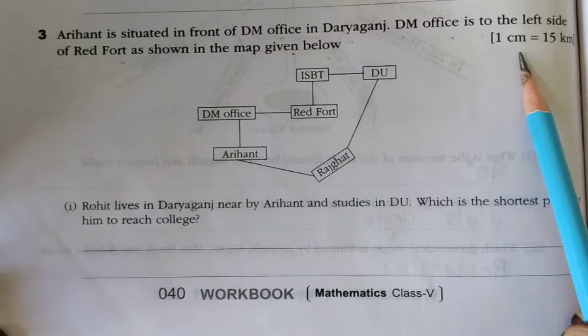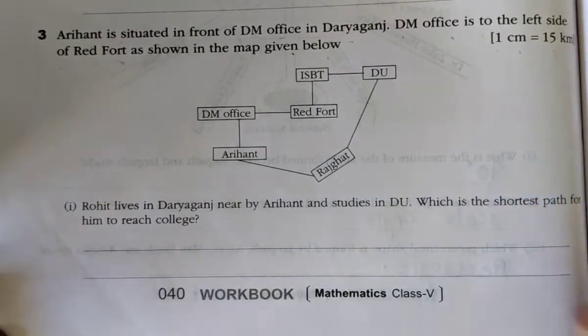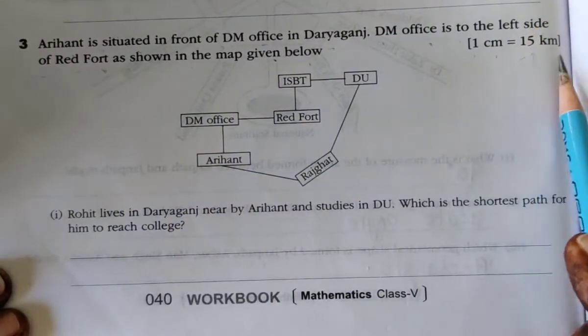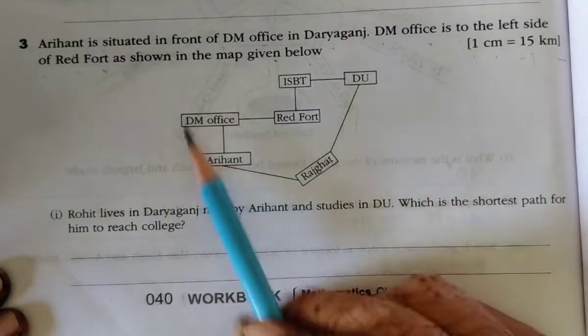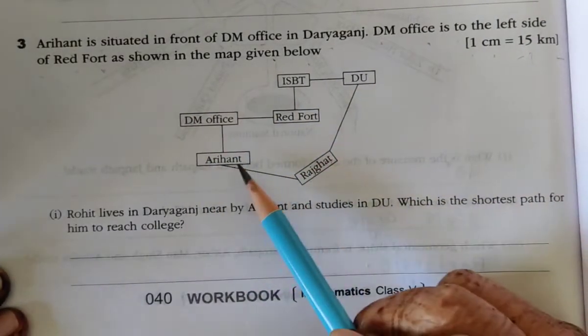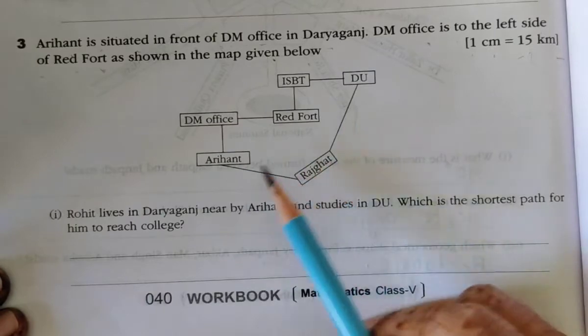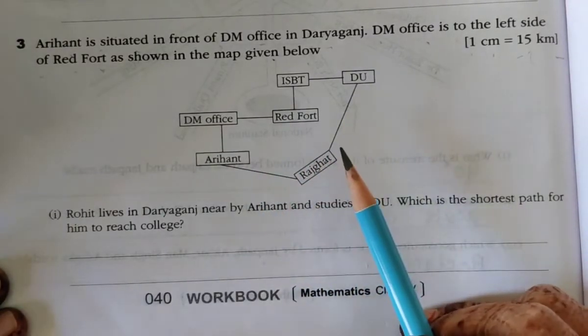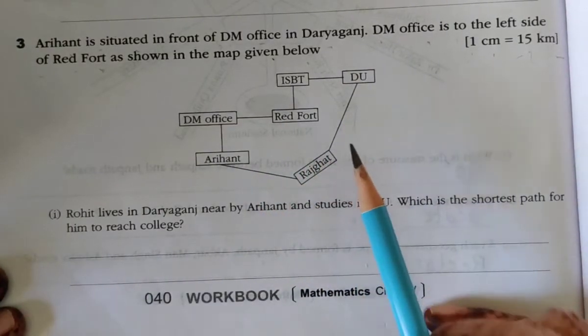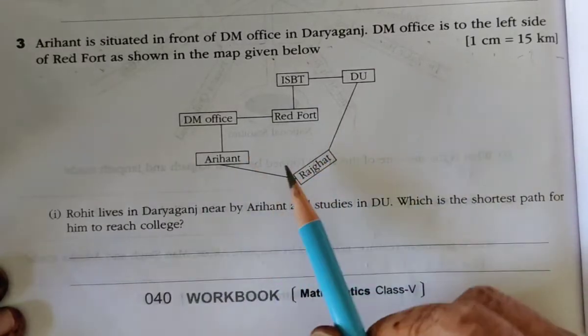In the map, 1 centimeter we have to consider as 15 kilometer. Okay. Now here is the map. See, here only the names and the road paths are drawn. Such kinds of maps are also used for short distances.